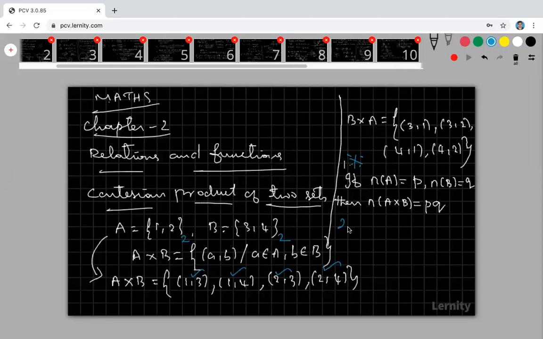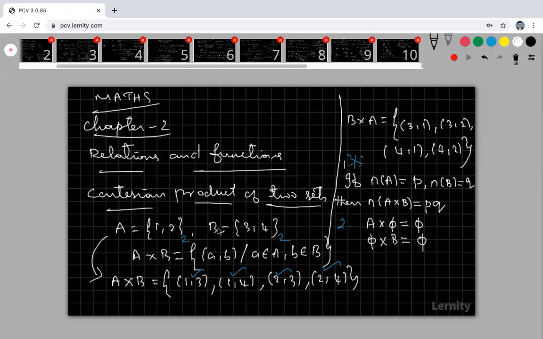Another one, the second one. Look at that, A cross empty set. My B is an empty set. Then what is my A cross empty set? It is empty only. Suppose I take A as empty and B is any set. This is also empty.